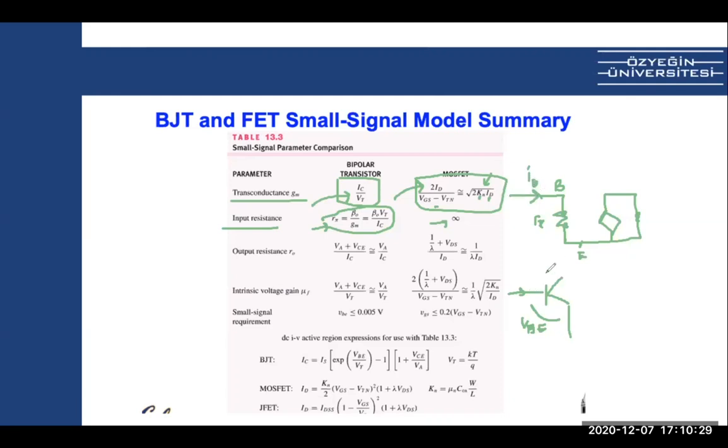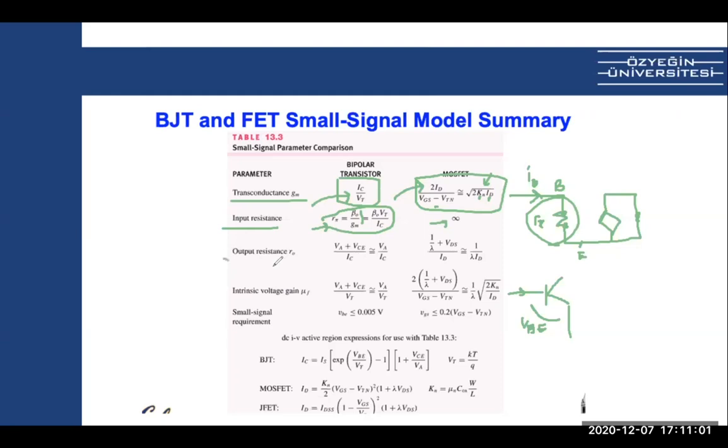Therefore voltage will create a current, so we have to define an R pi here. You are welcome to go to the BJT notes and understand why there is this R pi here, and why we define it as beta 0 over GM. I will also notate in the notes where you can read those.